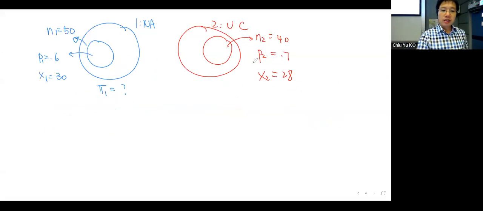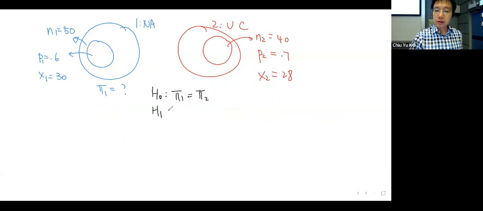The idea again is we want to see if the number of females in the two colleges is the same or not. This is the problem. Is it clear what we're asking? We want to see whether it is the same proportion of females in both colleges.